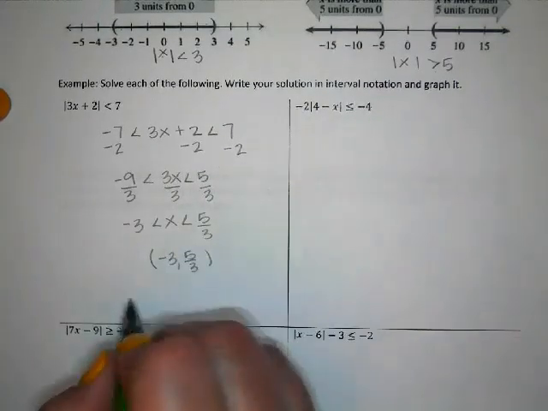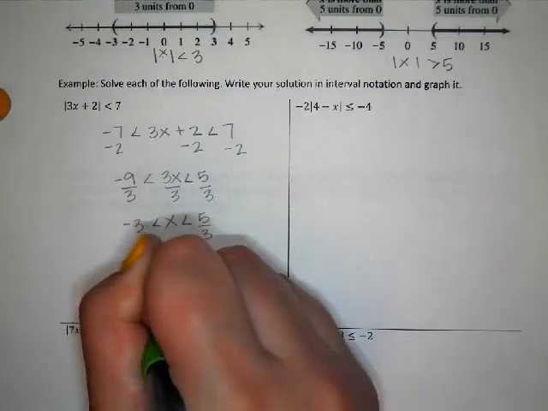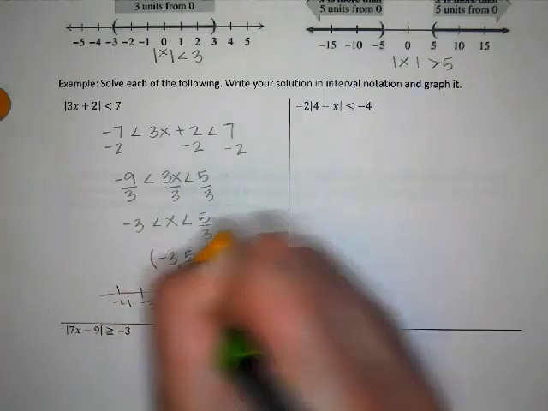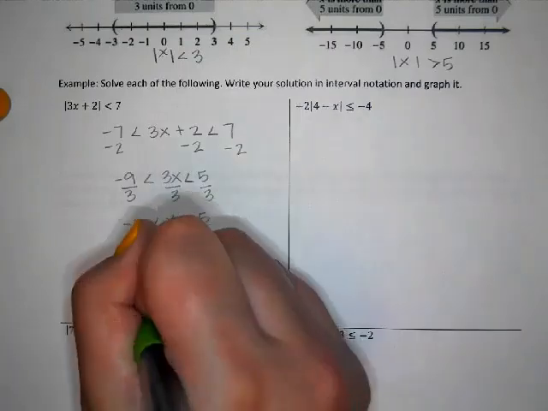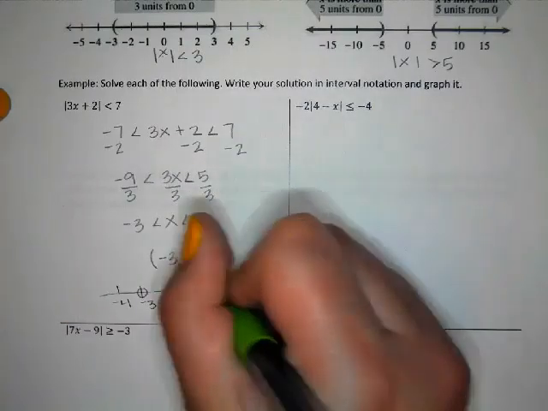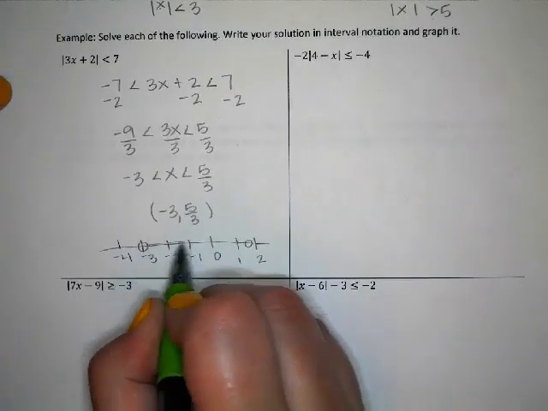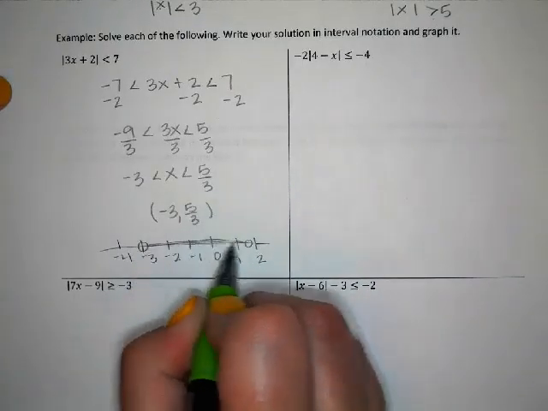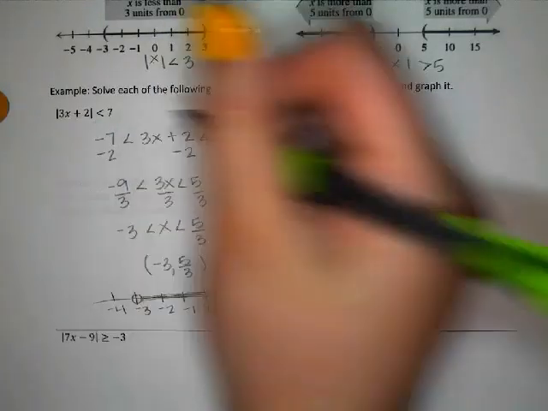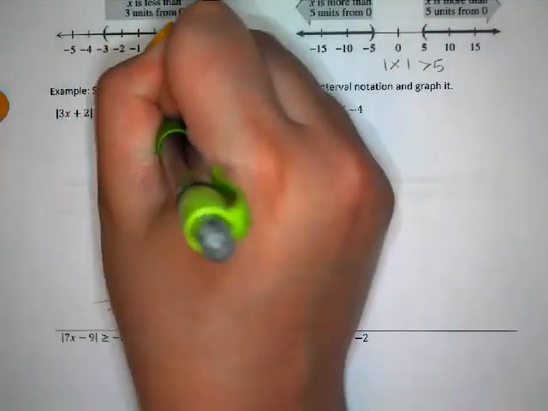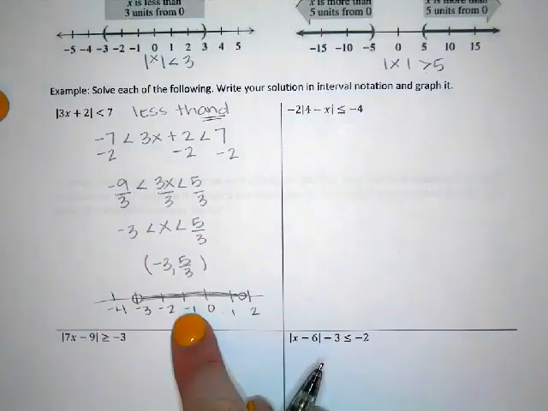And if we were to draw this on a number line, there's negative 3. 5/3 is 1 2/3. So it would be a number somewhere in between here. So this is less than, which created a sandwich answer.